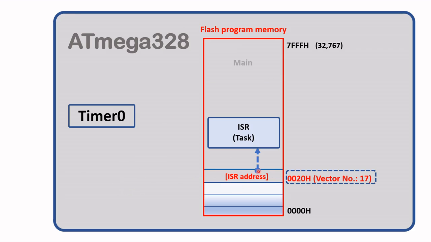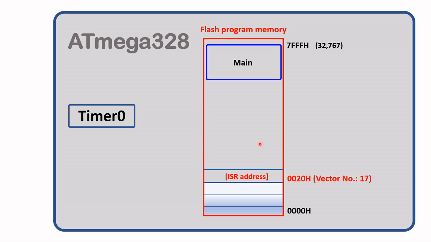The address will point to where the interrupt service routine, or the task, is stored. This is just a piece of code. The address tells the CPU where to find the task or the ISR routine. When that routine completes its task, it will return control back to the main program.